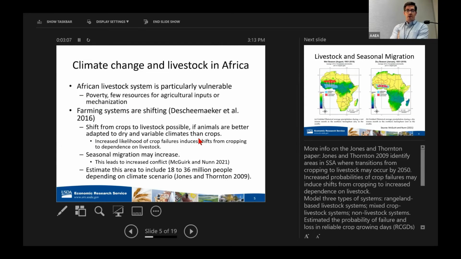Okay, so the other thing to consider is that livestock in Africa is a particularly vulnerable industry, for a variety of different reasons. Poverty is obviously a large factor, but there are also few resources for agricultural inputs and mechanization that constrain the productivity of the livestock industry.